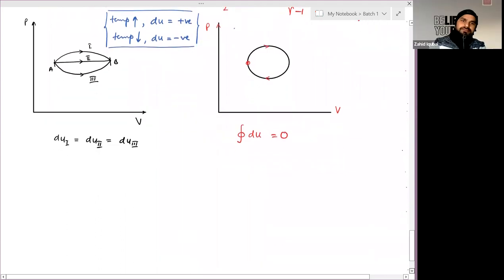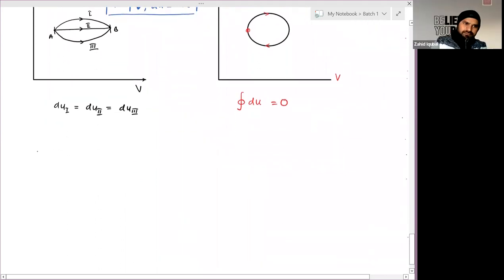Next is path function. Just like non-conservative force, the quantity which may depend upon the path followed by the gas is called a path function, such as heat and work.